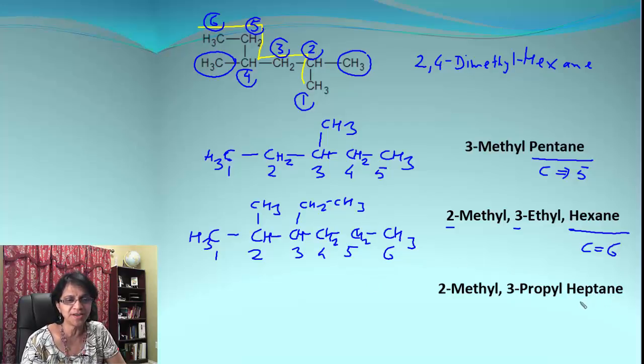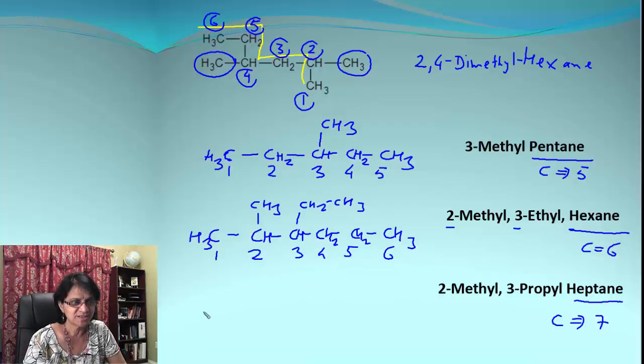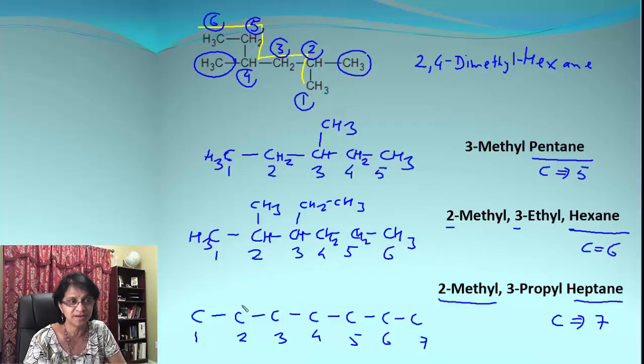Let's draw one more molecule. This is heptane and hepta stands for 7. So let's make a chain with 7 carbon atoms. There we go. Let's number that. And at position 2, we got methyl.